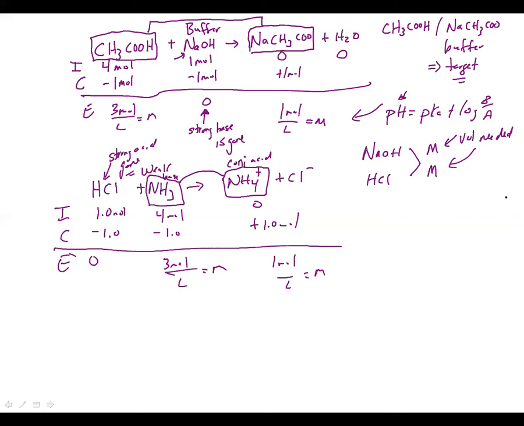So when you get to part 3, you still have to think about your target pH. You have to think about the ratio that you need in terms of base to acid. Ultimately, what you're trying to figure out is the volume of the sodium hydroxide you should add. Any questions on that?